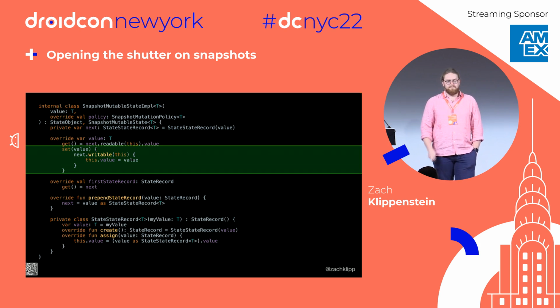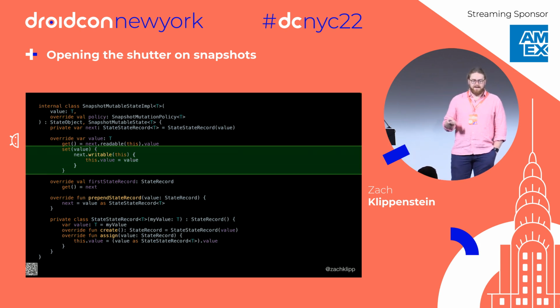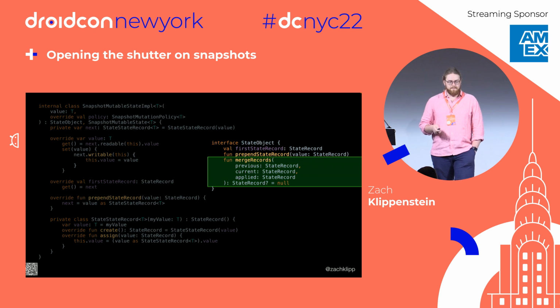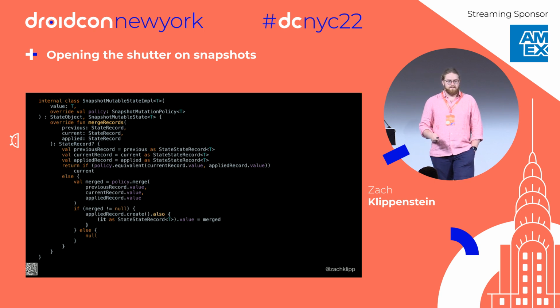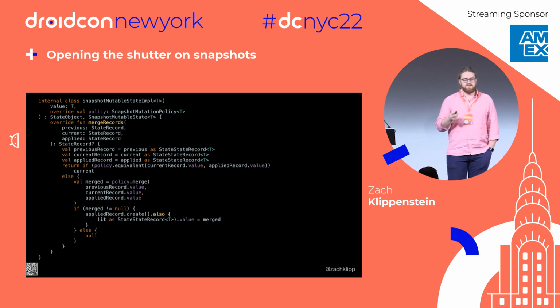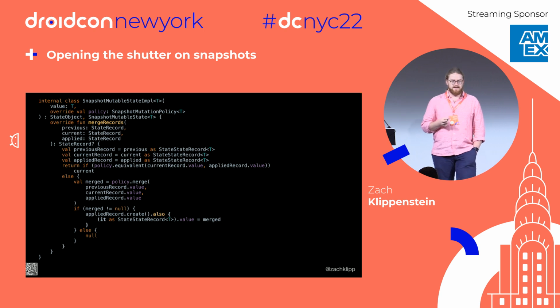So that's basically it for the basic implementation. But we still have this policy thing. That's actually used to implement this merge records method. And the way this works in mutable state is the snapshot mutation policy has two features. It can check if two records are equivalent, and it can merge the records.